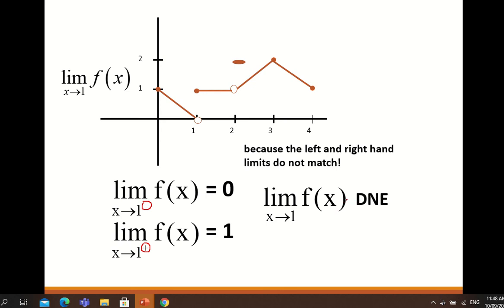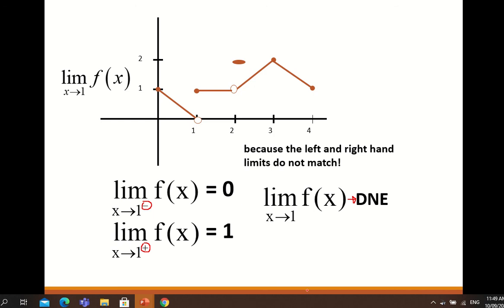You may put an arrow, but do not put an equal sign. So we're just saying that the limit of the function as x approaches 1 does not exist.